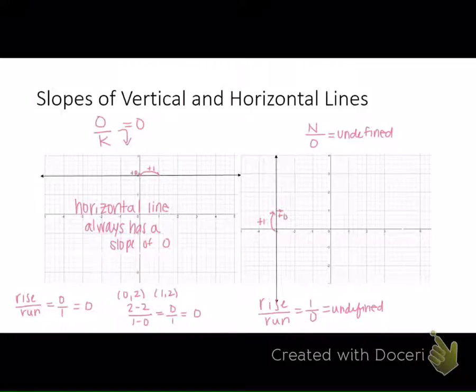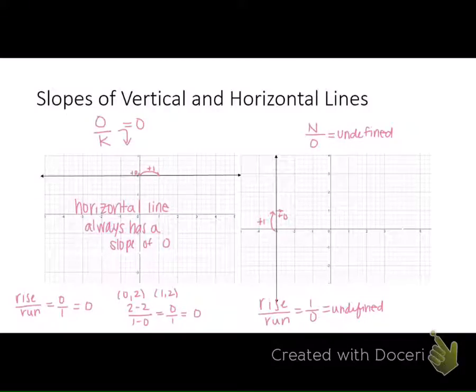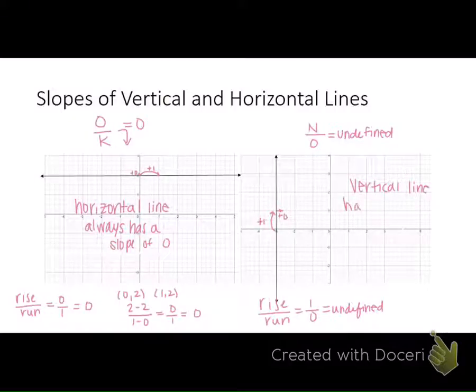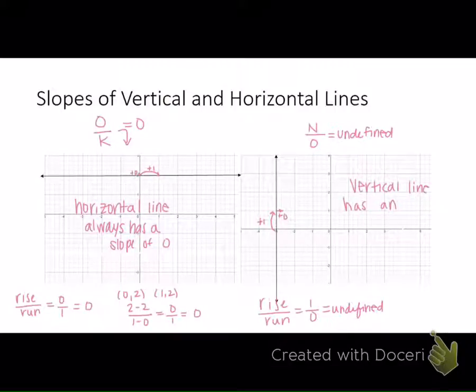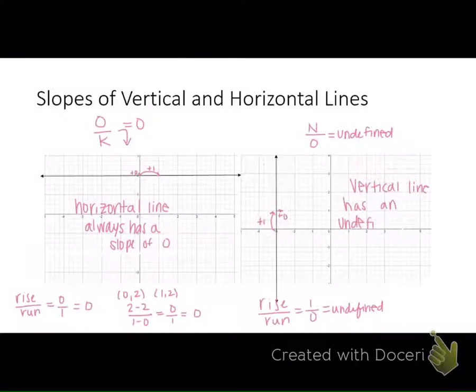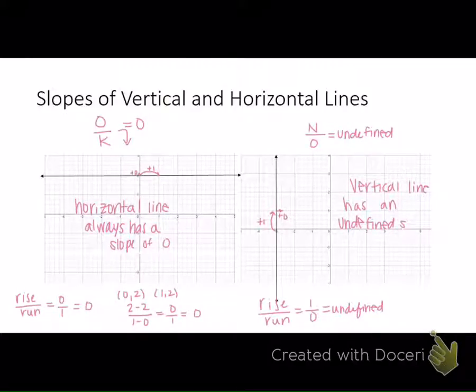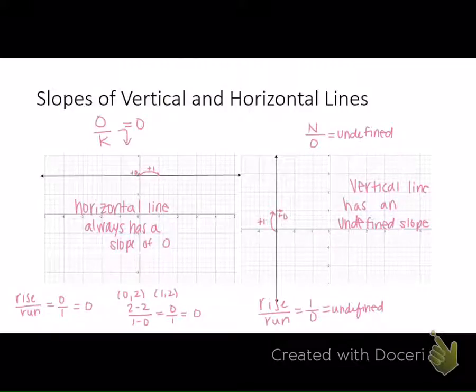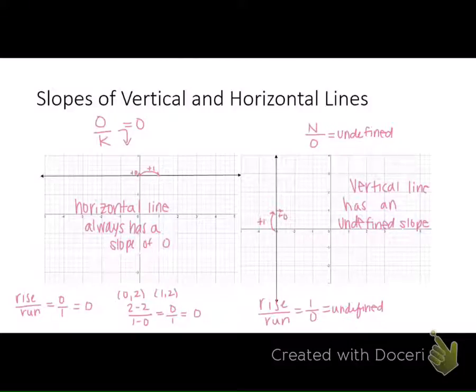So a vertical line always has an undefined slope. Go ahead and write that down, and then we just have 2 more slides, and then we are done.